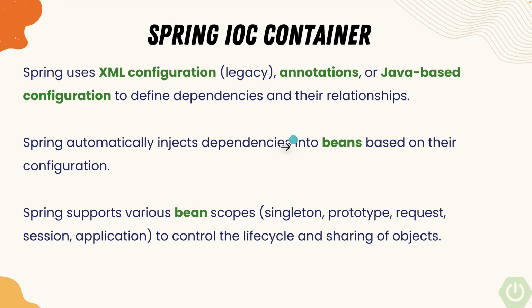I mean, the object which is going to be created is going to be managed and destroyed by Spring Boot. And you will get to know about all those things once we talk about the Spring Bean in our next lecture. But at least as of now, this is what it is. So Spring Boot is going to automatically inject the dependencies into a bean based on their configuration, which is this kind of configuration that you are seeing over here.